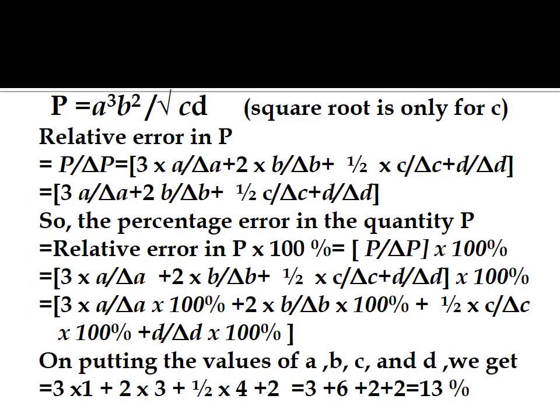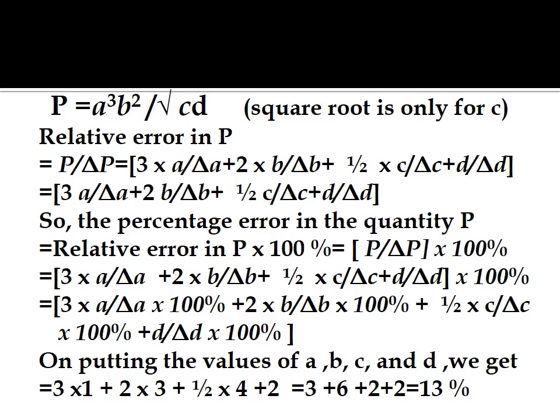That will be equal to 3 into delta A by A plus 2 into delta B by B plus 1 by 2 into delta C by C plus delta D by D, all into 100%, which is equal to 3 into delta A by A into 100% plus 2 into delta B by B into 100% plus 1 by 2 into delta C by C into 100% plus delta D by D into 100%.